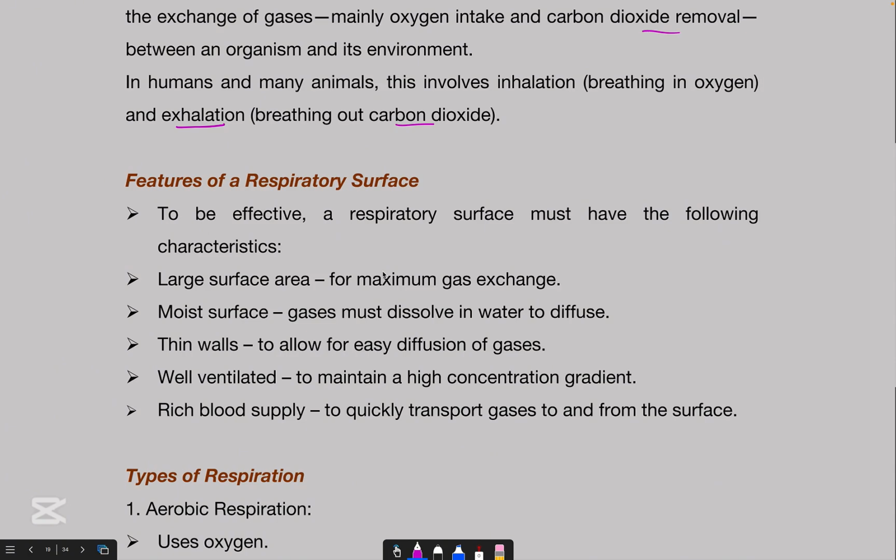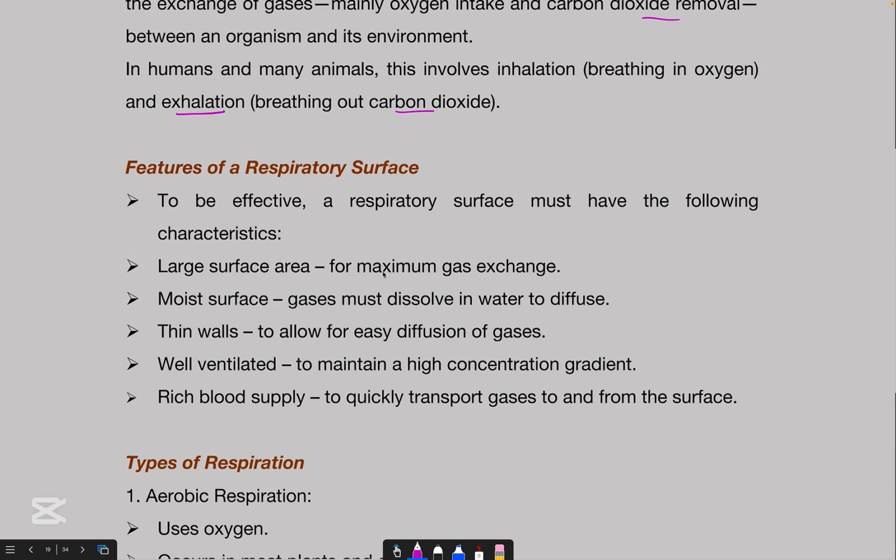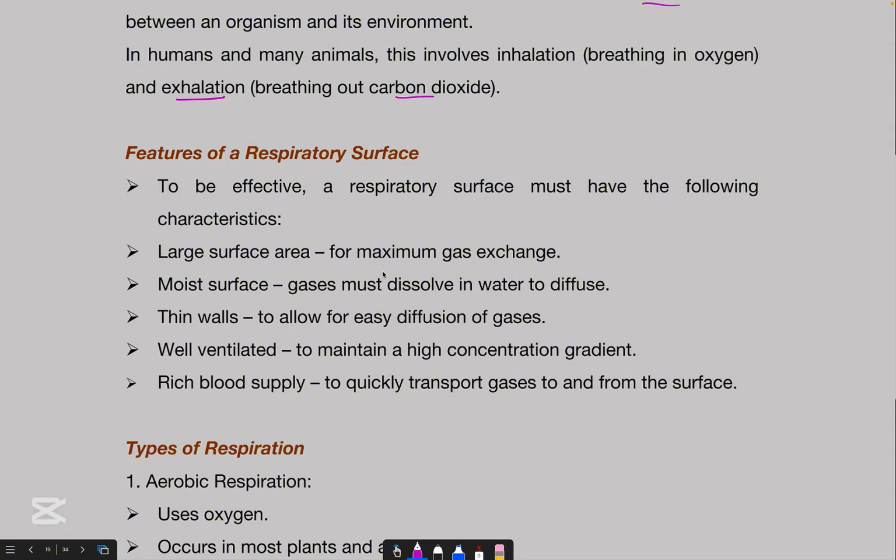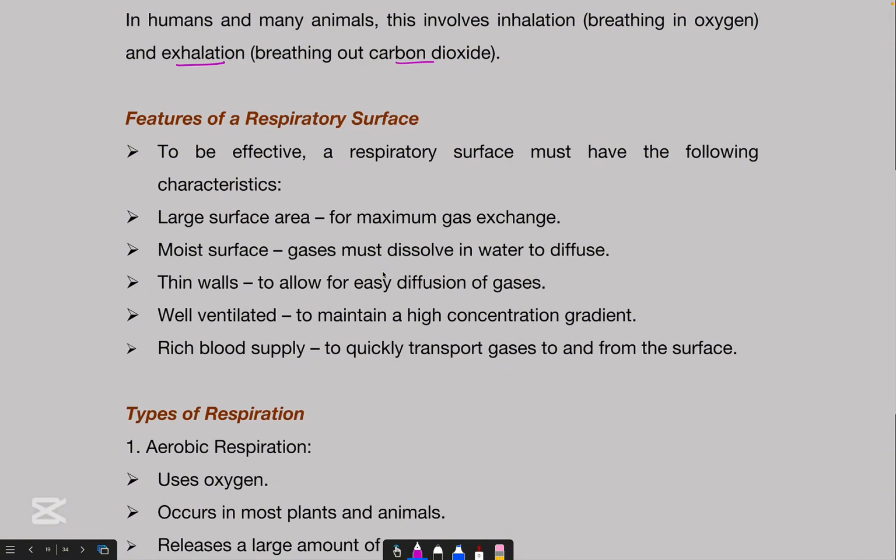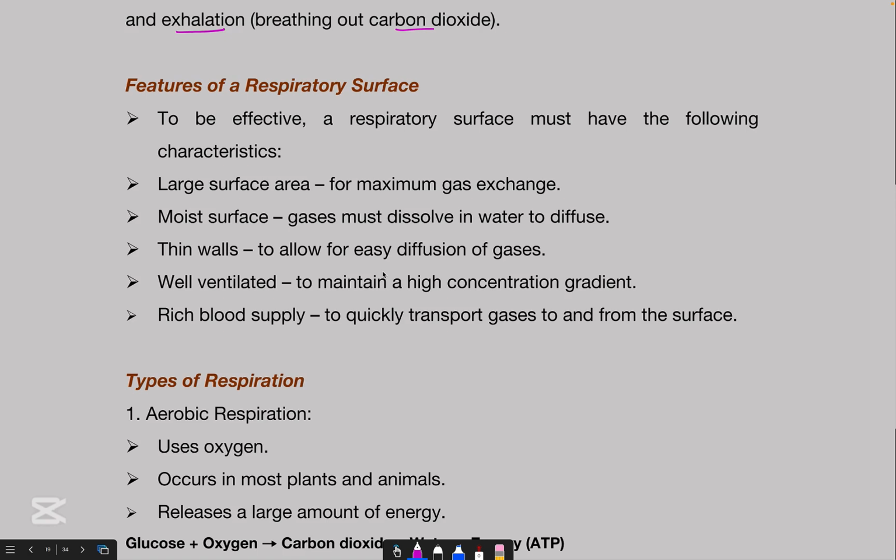It must be a moist surface. It must have thin wall to allow for diffusion of the gases. Must be well ventilated to maintain a high concentration gradient. And it must have rich blood supply to quickly transport gases to and from the surface.